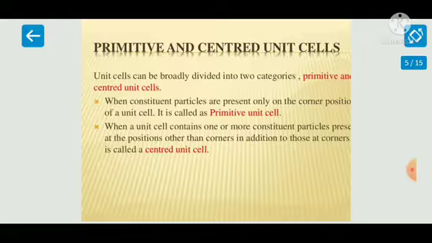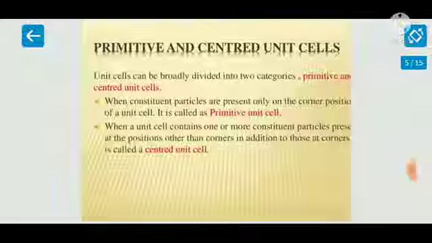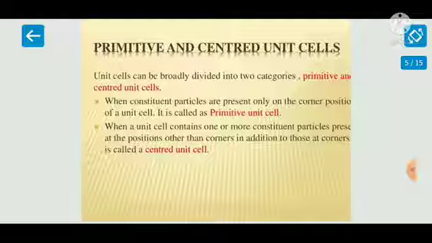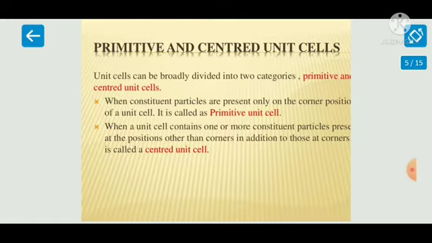When a unit cell contains one or more constituent particles at positions other than the corners, in addition to those at the corners, it is called a centered unit cell.